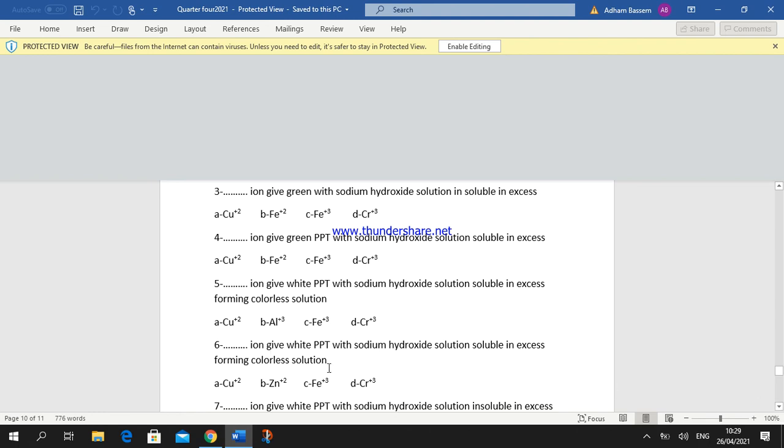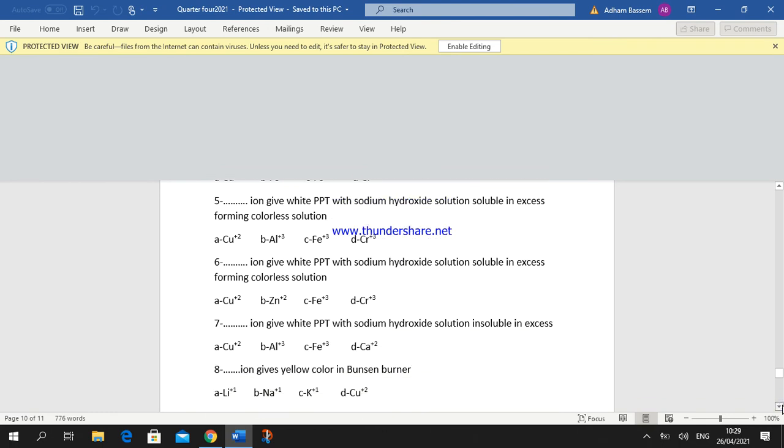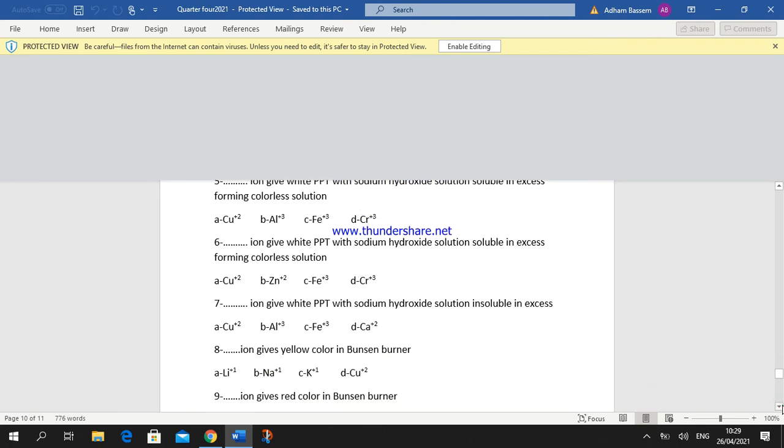Number 6, ion gave white precipitate with the sodium hydroxide solution, soluble in excess forming a colorless solution. Zinc, so 6B. Number 7, ion gave white precipitate with the sodium hydroxide solution, insoluble in excess. Calcium, 7D.